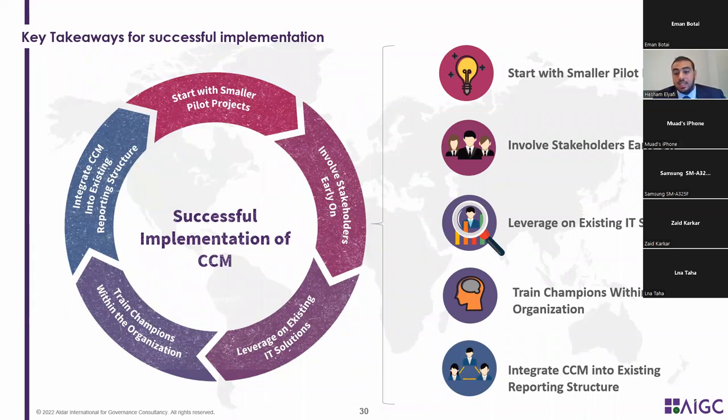The next thing is involve and align stakeholders early on, especially at the start of the project. Make them responsible or make them feel responsible, get them involved from the beginning, because their involvement and their actions toward the exceptions is what makes the continuous monitoring tool successful. The third thing is investigate whether you can leverage existing IT solutions or software.